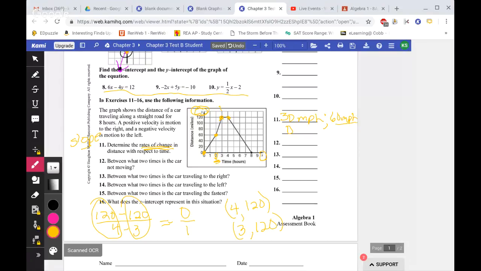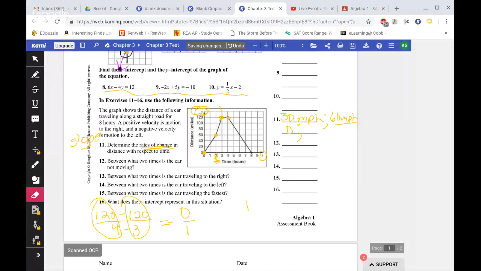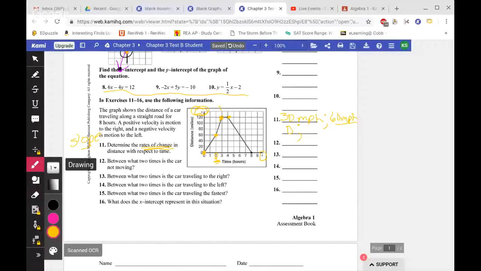And now our final rate of change is going to be this point right here, which is 4, 120. And this point right here is 8, 0.